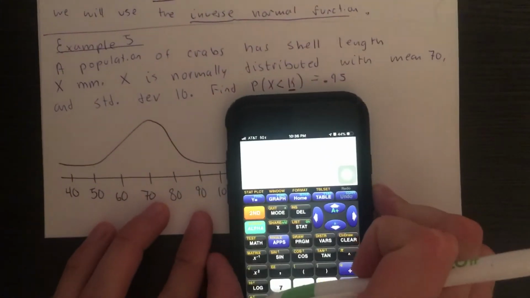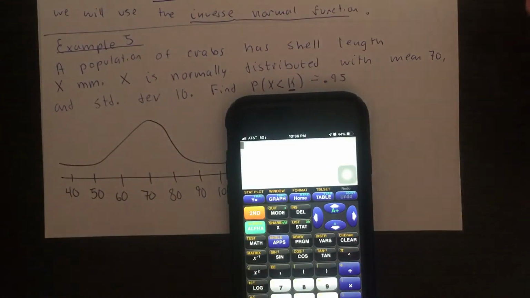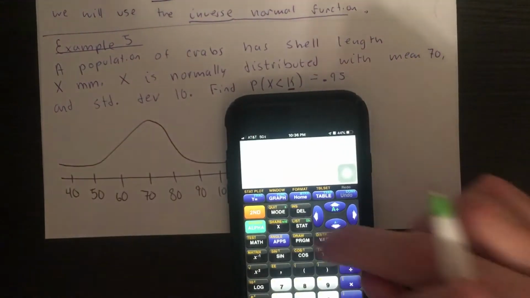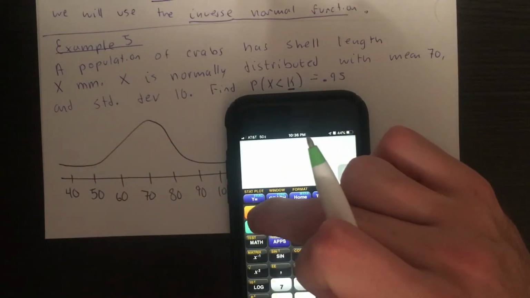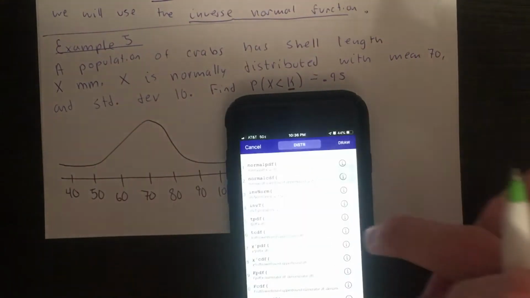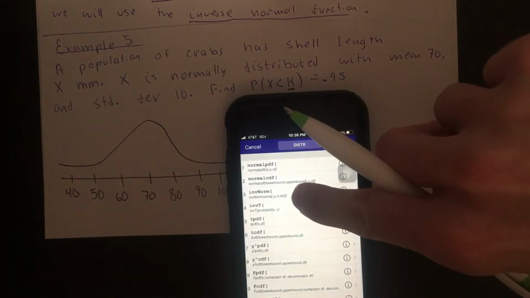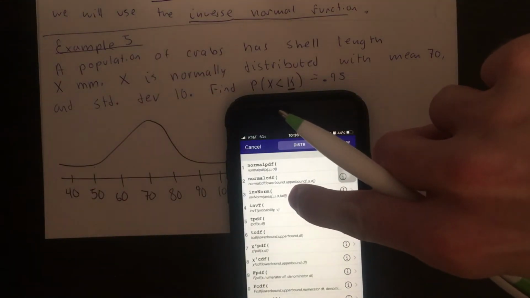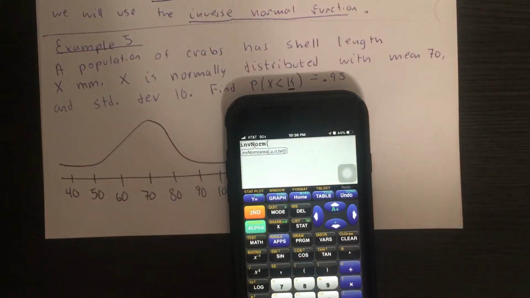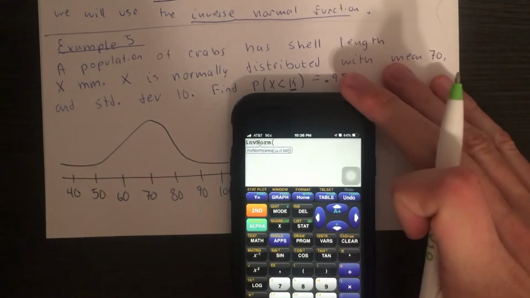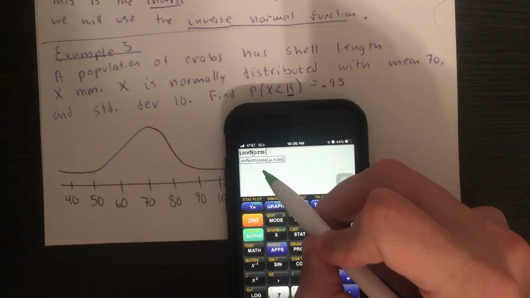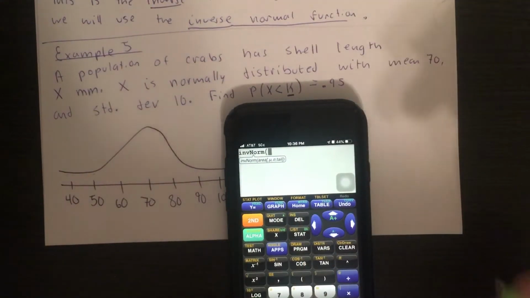To do that, we're going to use a calculator to evaluate the inverse. If you go back to distributions, hit second vars or second distributions, right where it says inverse norm, that's the inverse normal distribution. The first thing you put in is the area you are trying to find.